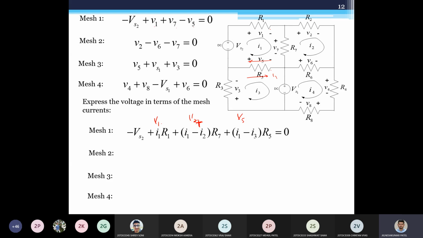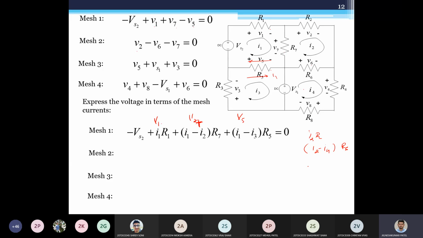Again, V2, where is V2? V2 is here, a single current I2 R2. So I'll write I2 R2. Then here, V6, two currents I2 and I4. So I'll write I2 minus I4 into R6.